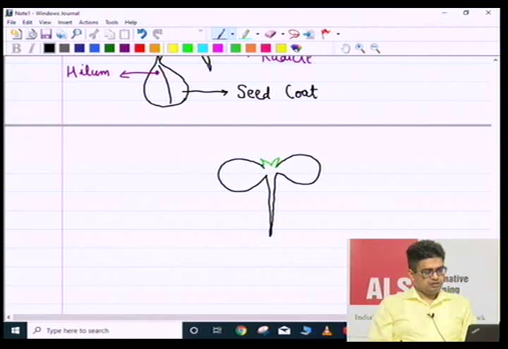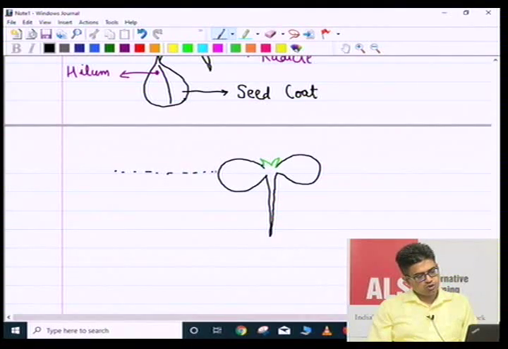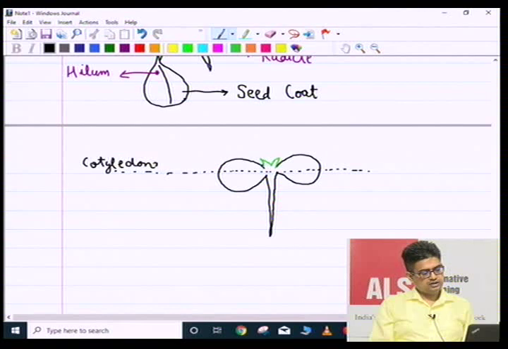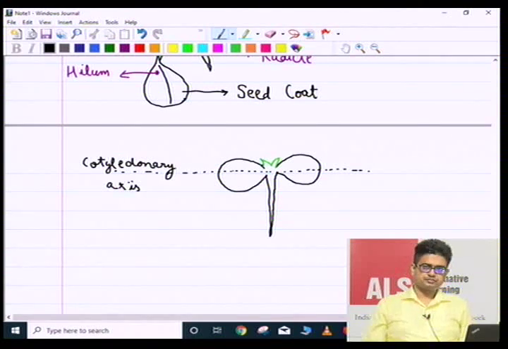Now there is an axis passing through the two cotyledons, an imaginary axis. This is called the cotyledonary axis.